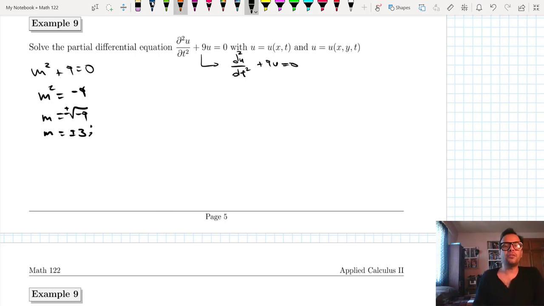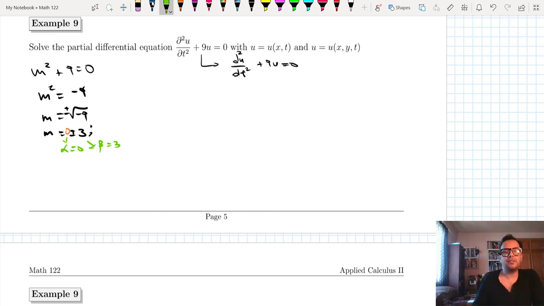Okay, in this case it corresponds to a complex solution of the characteristic equation in which alpha equals 0 and beta equals 3. So what are we going to have?